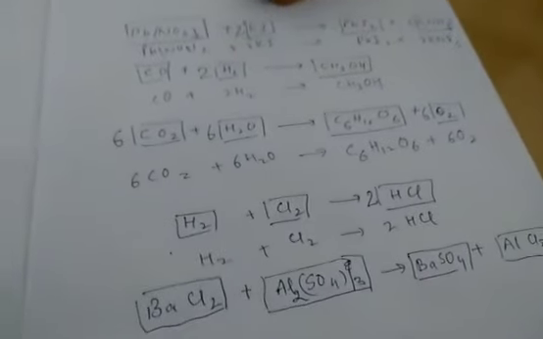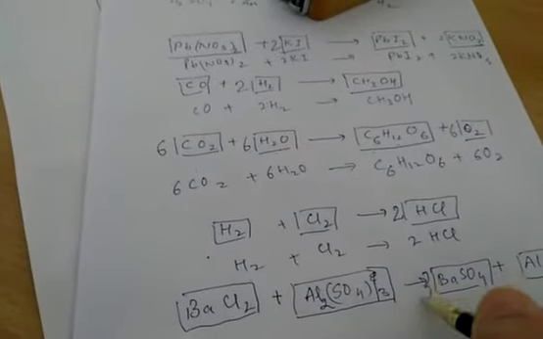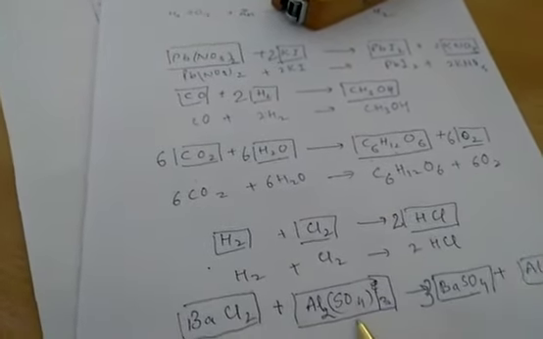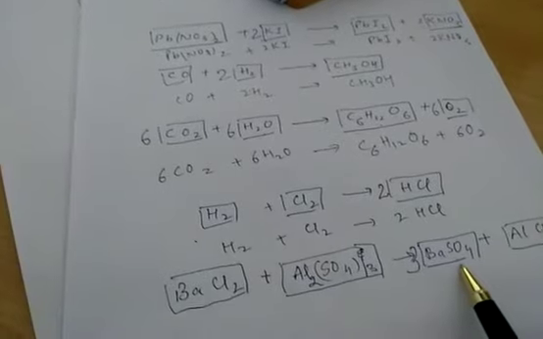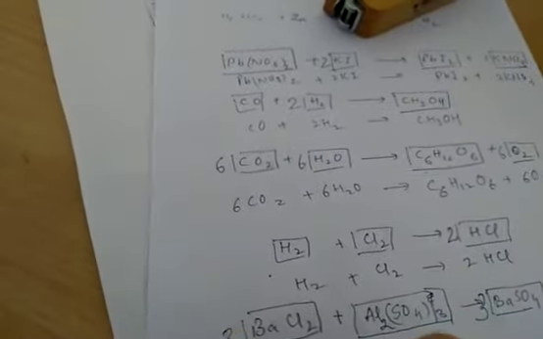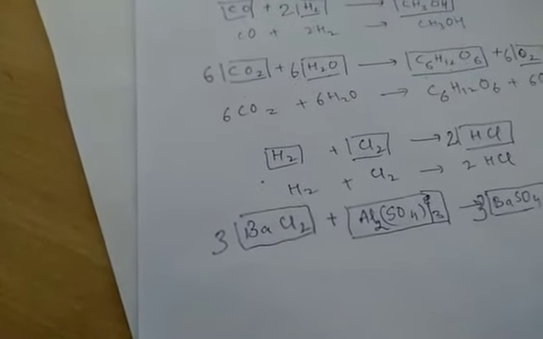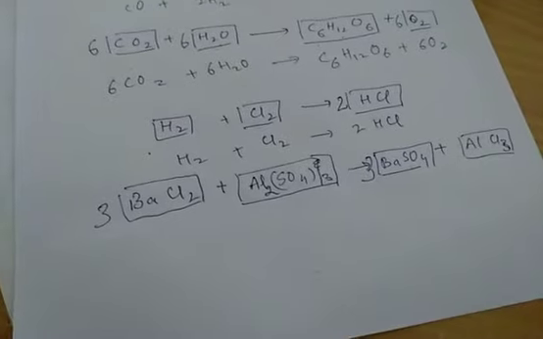Sulfate on the left side, that is in aluminium sulfate, is 3. So barium sulfate should be 3. Now sulfate becomes 3, both left and right side. Now barium becomes 3, so on the left side multiply BaCl2 with 3. Now chlorine becomes 6, but on the right side there are only 3.